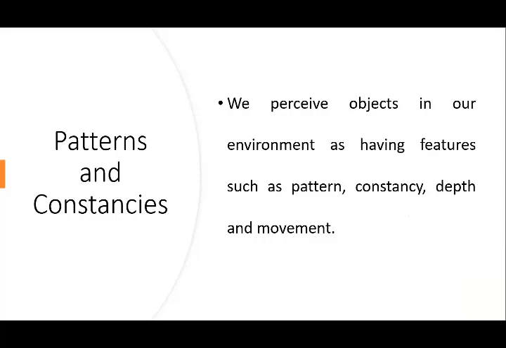Even if the object becomes smaller or larger, if those angles are sensible, then our brain will label it with the same tag which you originally coded for that particular object.